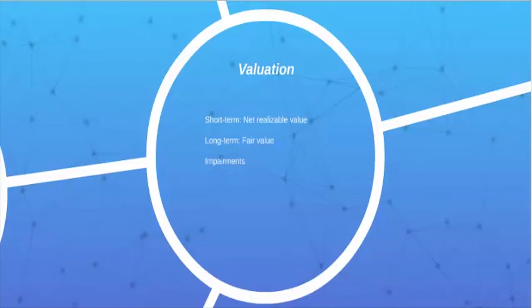Now, for long-term notes, you can look at fair value. FASB is going to require us to disclose the cost of these long-term notes, but we're also going to need to disclose the fair value of these in the notes to the financial statements. Also, FASB gives the option to actually use fair value as the measurement in your financial statements.